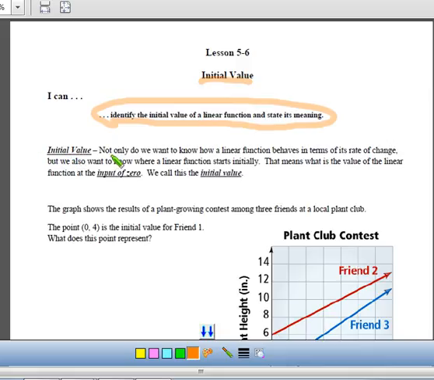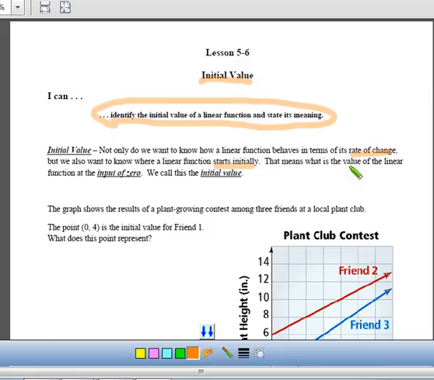Initial value. Not only do we want to know how a linear function behaves in terms of its rate of change, like I said, we've already talked about that, but we also want to know where a linear function starts initially. So where does it begin? This is not always true, it doesn't always begin at this point, but this next part might make a little more sense.